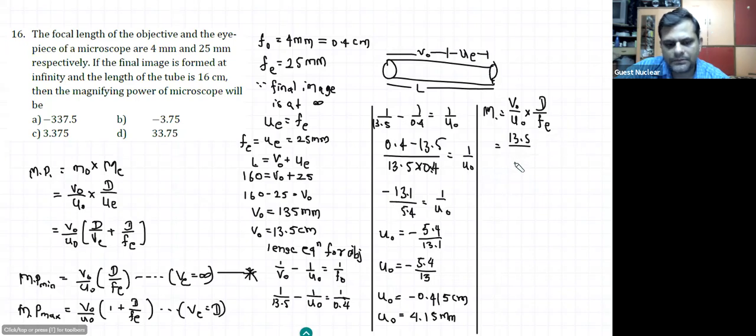So it will be 0.4 approximately into 25 upon 2.5, which is kept as it is. It will be 10 actually.